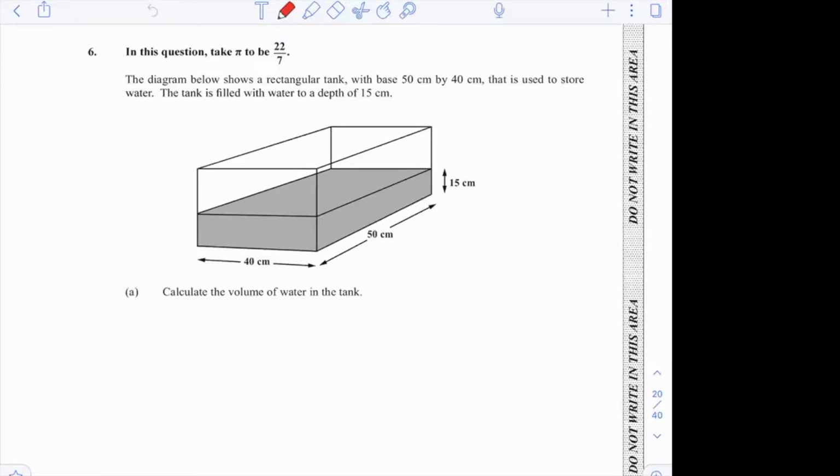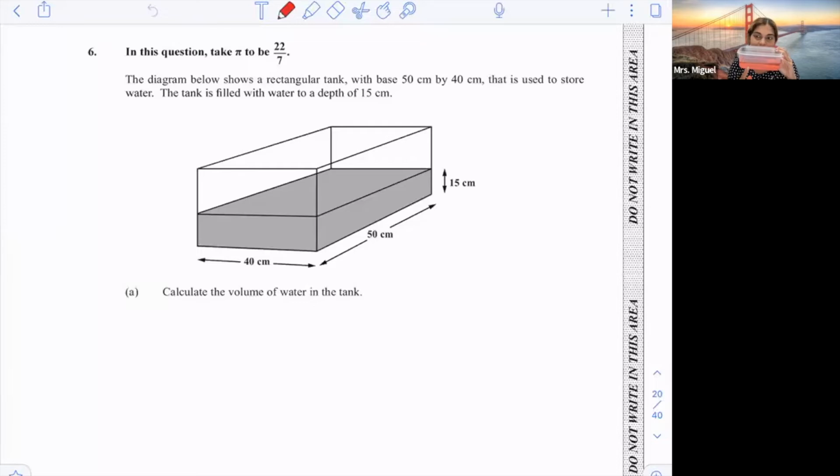So it is measuring 15 centimeters by 50 centimeters by 40. So the volume of water in the tank, right? Now, if this is my rectangular tank, how am I going to find the volume? What is the volume of this rectangular tank that is in the form of a cuboid? Hello?